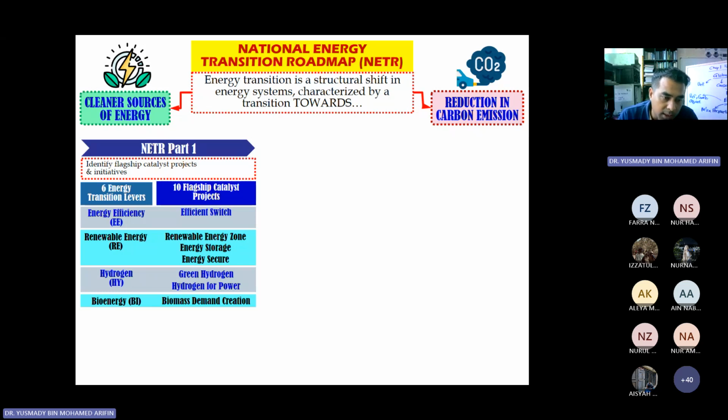You use the wood chips as fuel to give heat in order to generate steam from a boiler, for example, and then produce electricity. So the source of energy actually comes from biomass. That kind of fuel we call biomass.